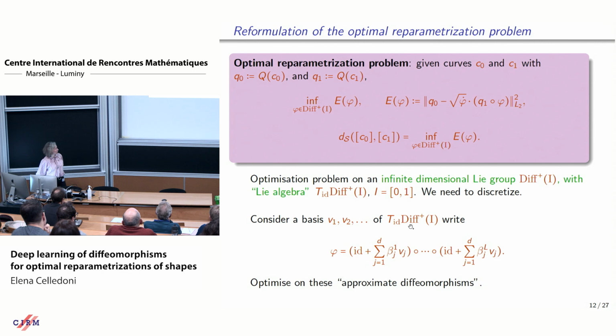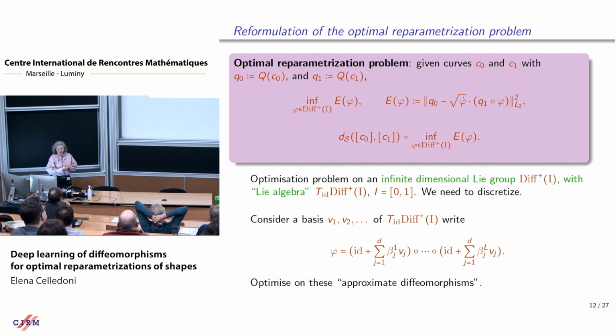Essentially, I'm selecting a finite dimensional subspace of the tangent space, and I pick vector fields in there, and I add to them simply the identity. If you think about it, this is like the Euler method. You have a vector field, you have a differential equation that is defined by that vector field, and you apply the Euler method to that. That gives you the diffeomorphism.